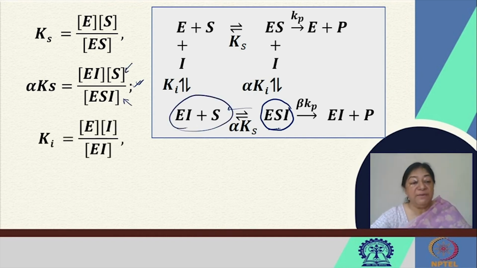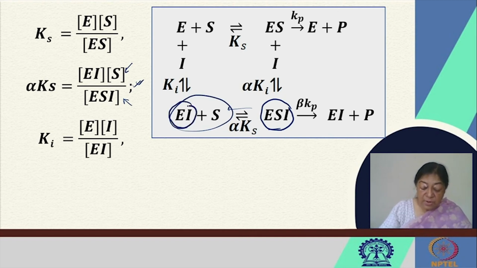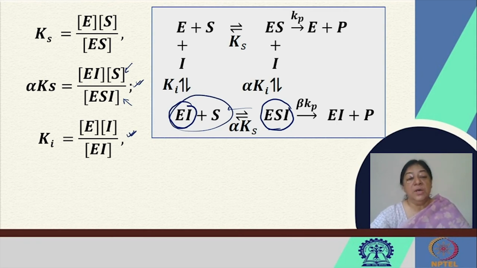We also have a Ki value that is associated with the dissociation of the enzyme inhibitor complex, which is by far the most sought after inhibition constant value that gives us an indication of how effective our inhibitor is.